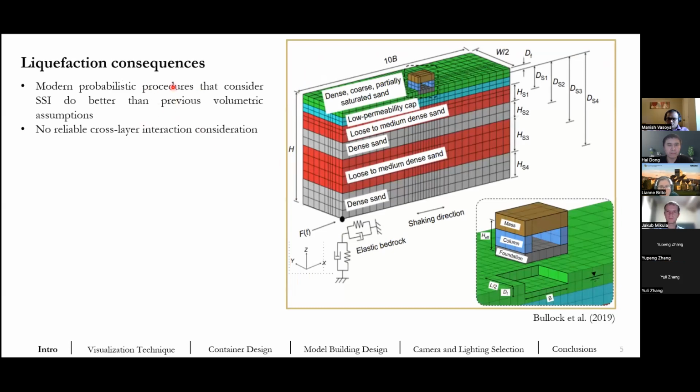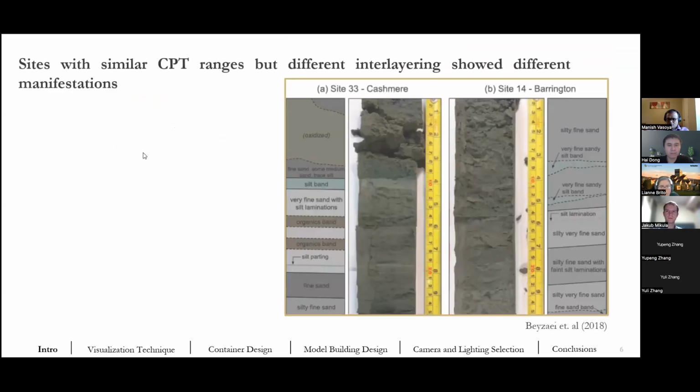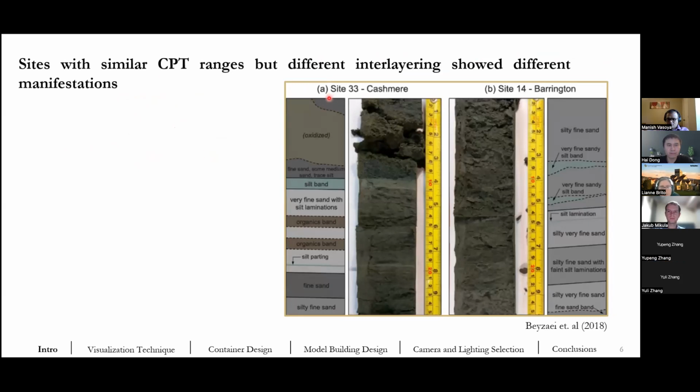Now, in terms of consequences, there has been an improvement in the modern probabilistic procedures compared to previous volumetric assumptions, but they still don't reliably consider cross-layer interaction. These two cases show another example where these simplified methods could not capture the stratifications in permeability.